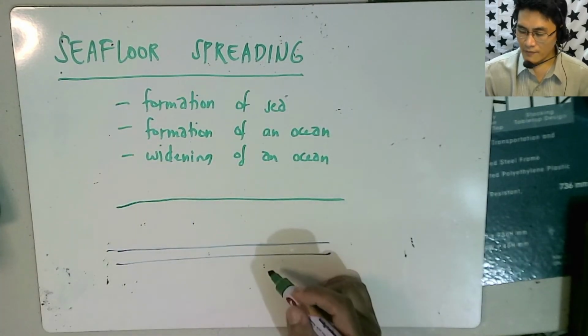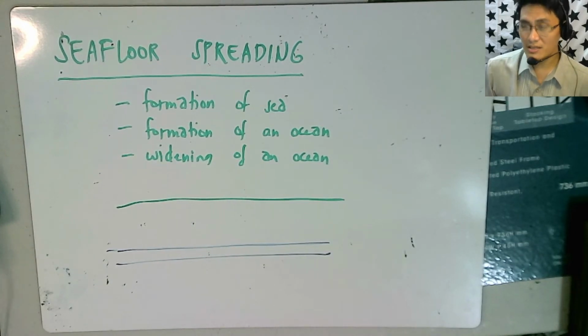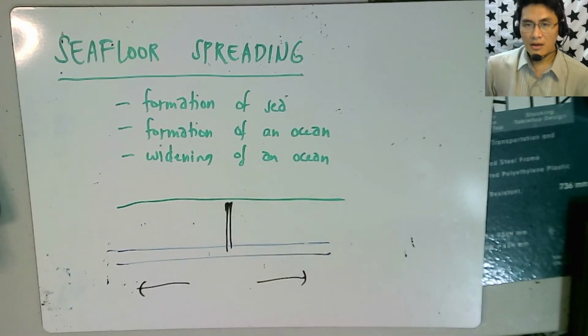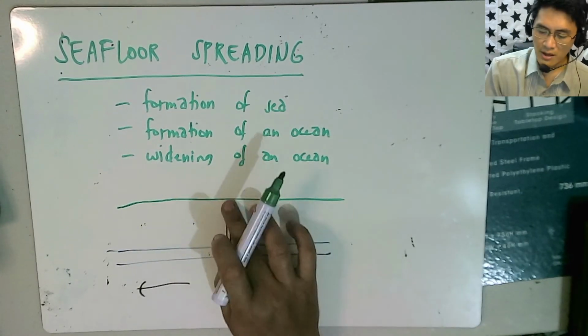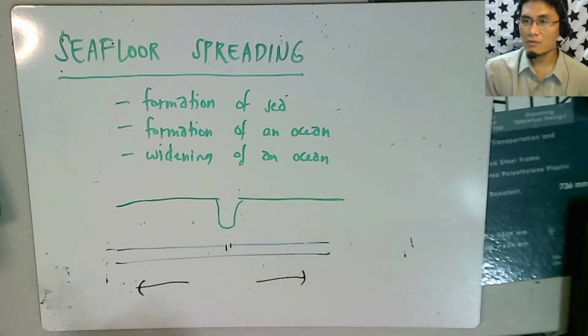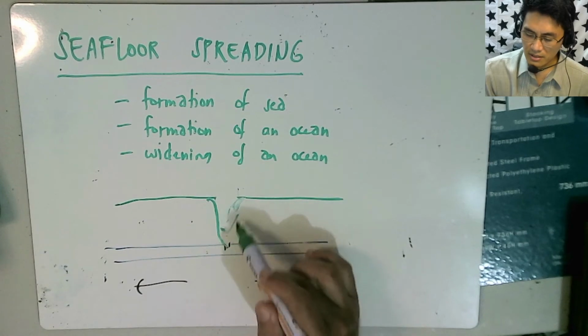If this plate diverges into two because of forces in the asthenosphere, you form a crack at the center. When that crack happens, because this has moved that way and this has moved that way, the ground at the center has nowhere to go but downwards. It depresses downwards and you form a rift valley, until it reaches the basaltic layer.